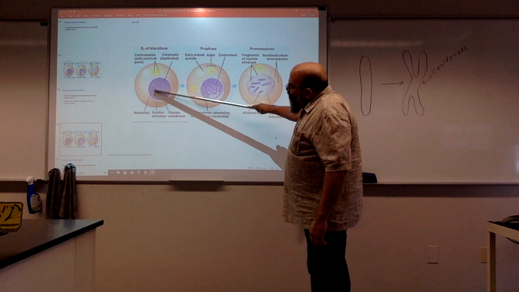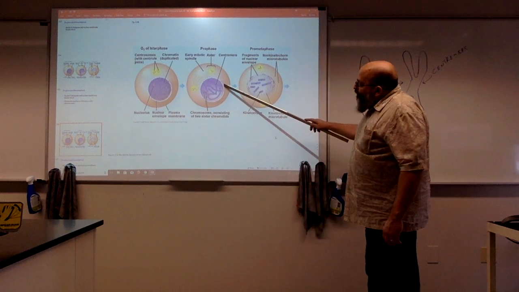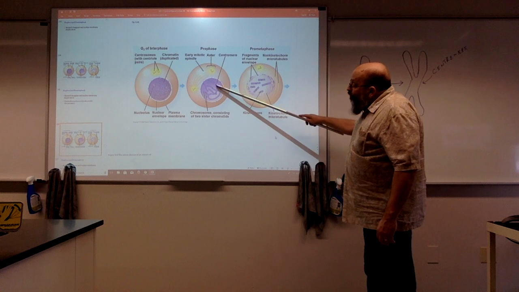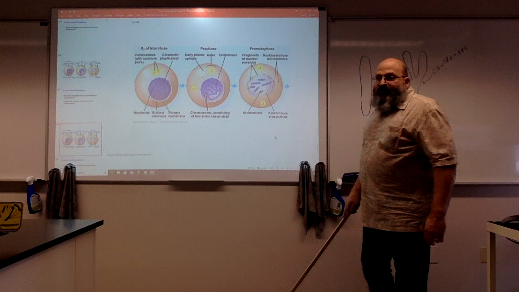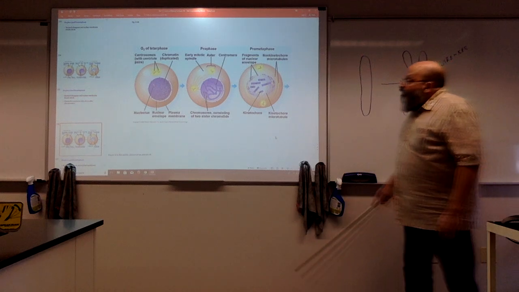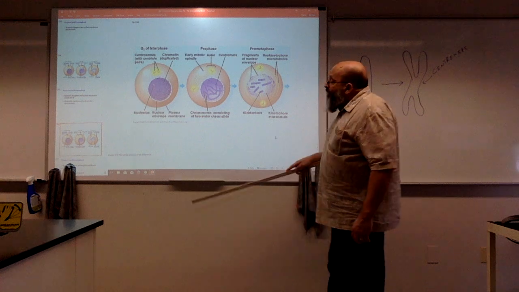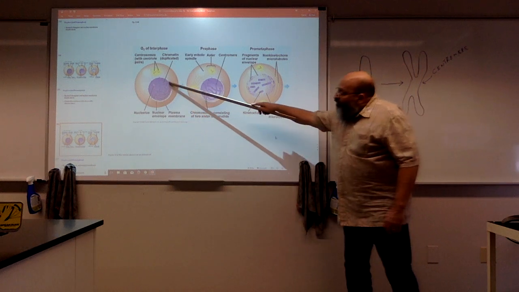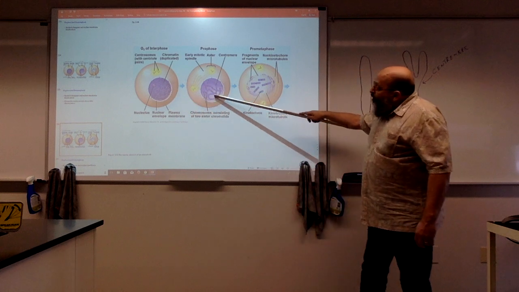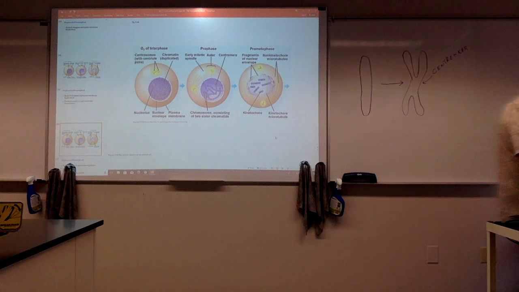And in prophase, we see that the chromosomes are condensed, they're visible, and they exist at this point as sister chromatids, because this is G2, so we had to get through S first. Getting through S, the DNA was replicated, then condensed, so we see the chromosomes in prophase.